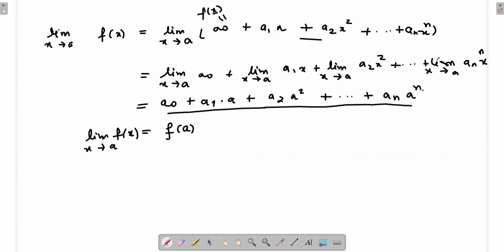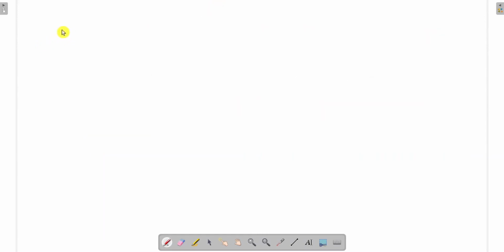Now we will go to the limit of rational functions. Okay, so consider a rational function, and that is fx equal to hx divided by gx.